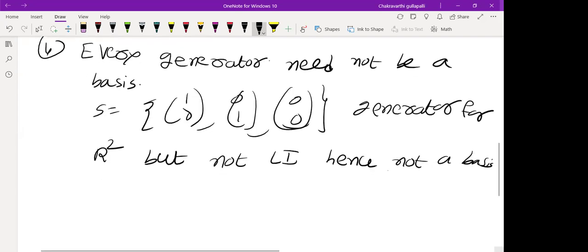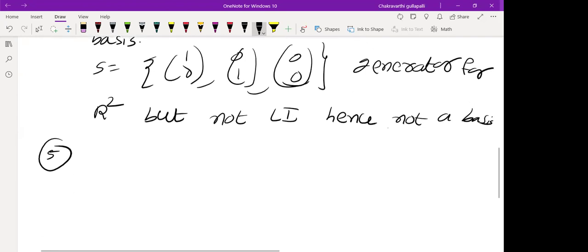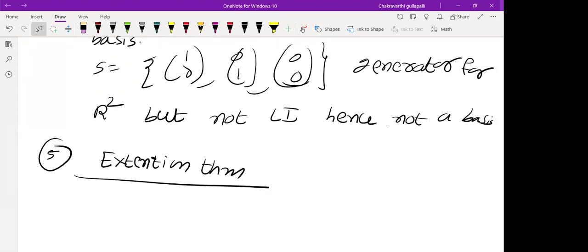So there is a theorem called the extension theorem. What is the extension theorem?